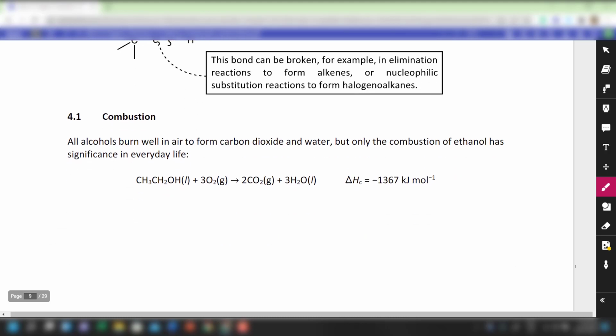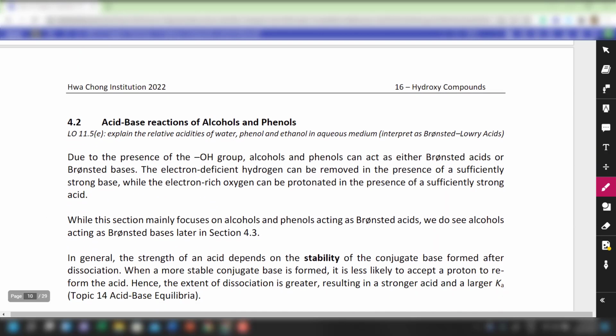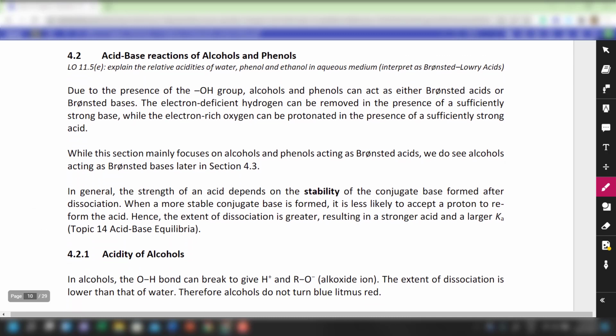Okay, so 4.1 under combustion, I think needs no introduction, so I'll just skip. Okay, and then of course 4.2, acid-base reactions of alcohols and phenols. If you recall from the earlier topic on acid-base equilibrium, you should be aware that the greater the extent of ionization, that implies the corresponding conjugate base is more stabilized.